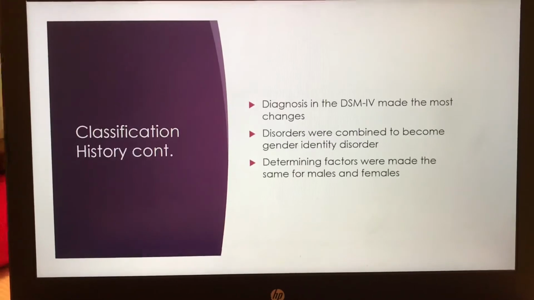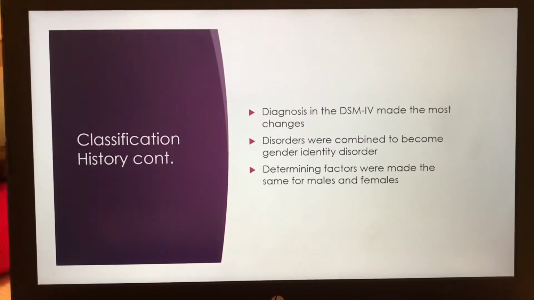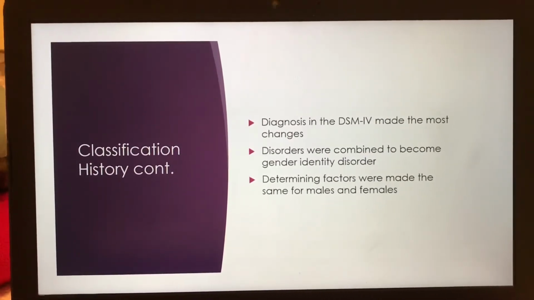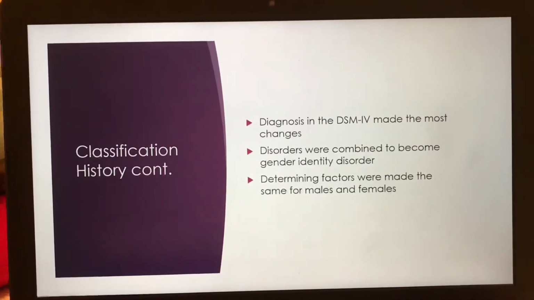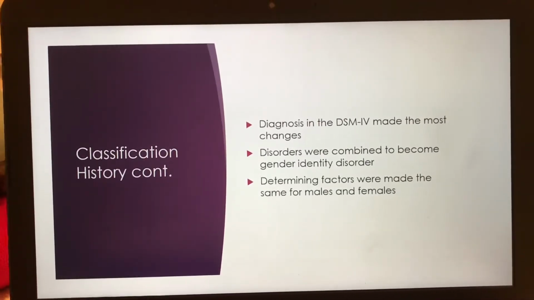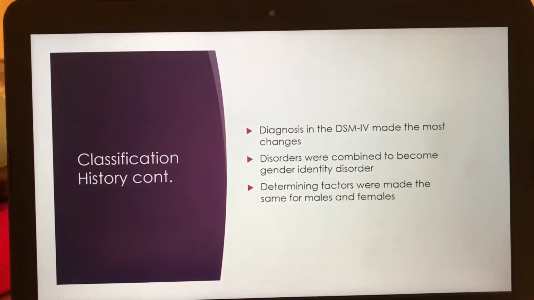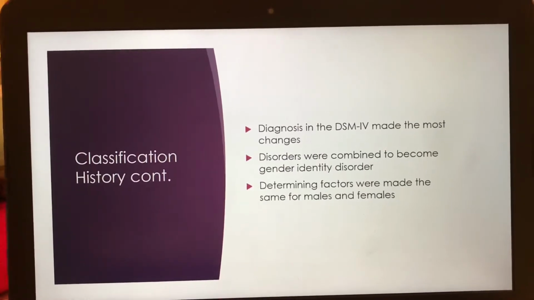Now, in the DSM-4, more changes were made, and this is where the most changes were made between issues of the DSM, where transsexualism and gender identity disorder of adolescence and adulthood were combined together to become the classification of gender identity disorder.